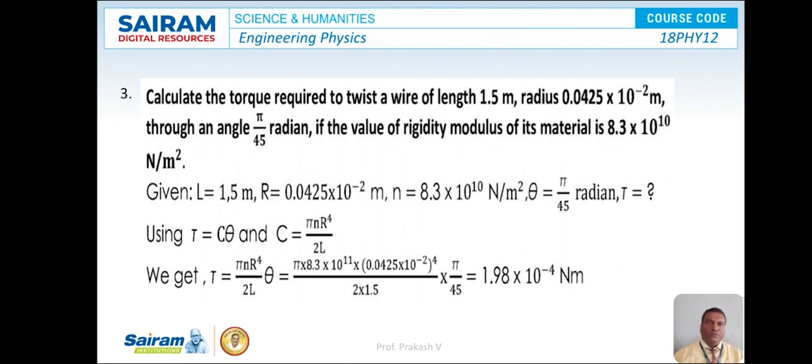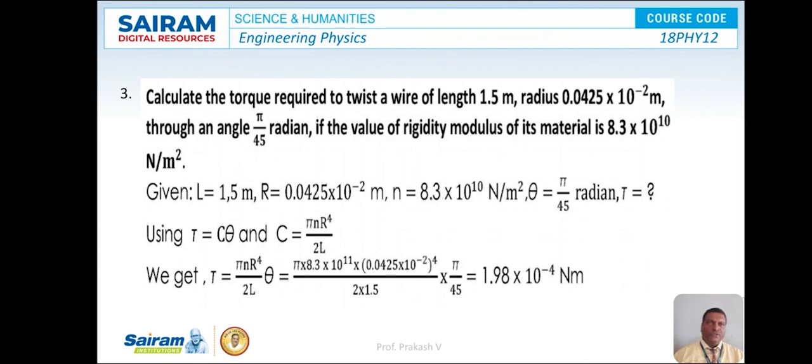According to the problem, the given data is L equal to 1.5 meter and R equal to 0.0425 into 10 to the power of minus 2 meter, the rigidity modulus n equal to 8.3 into 10 to the power of 10 Newton per meter square, and the angle of twist theta equal to pi by 45 radians.